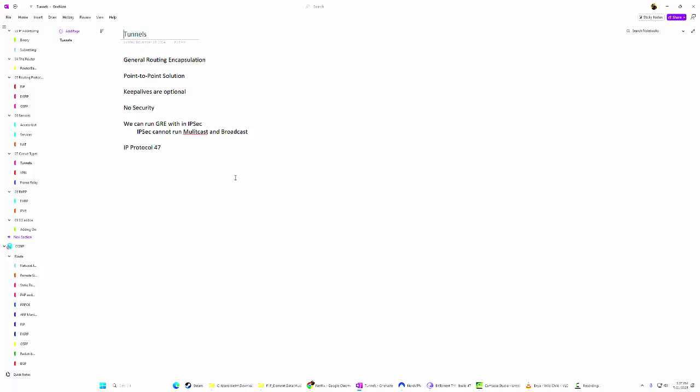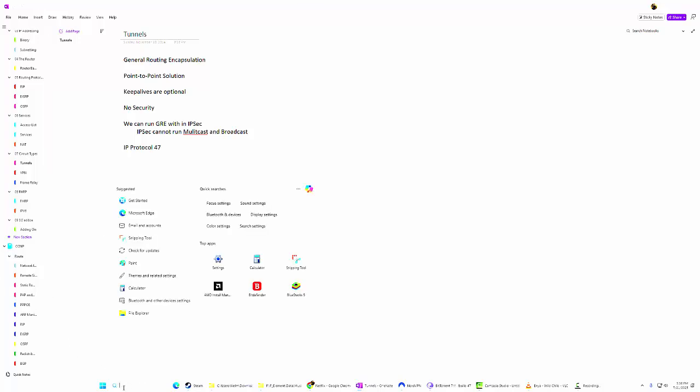It's not real, but the router treats it as a real interface. And what we are doing is digging a tunnel from one location to another. Now, what does that really mean?